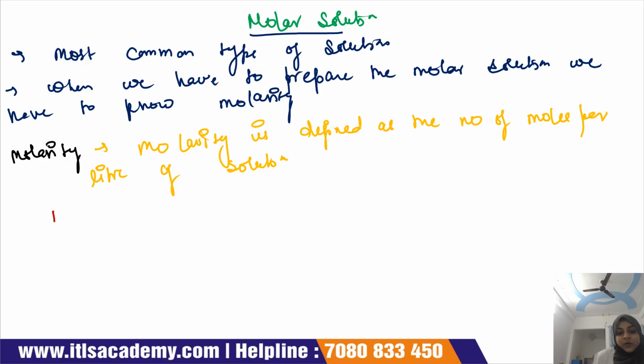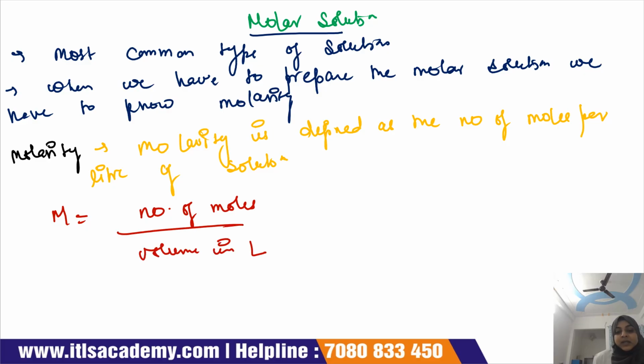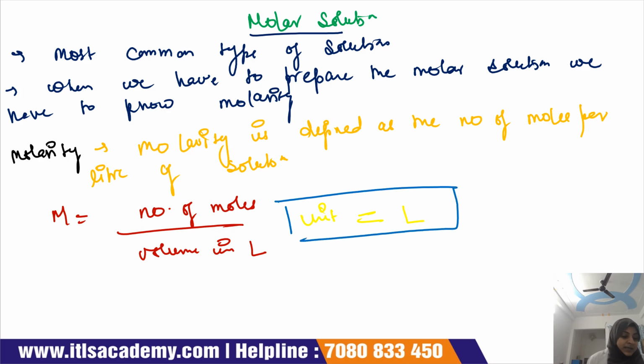The formula of molarity is M is equal to number of moles divided by volume in liter. The unit of molarity is always per liter, that we have to remember. It is the ratio of the moles of solute and the liter of the solution.